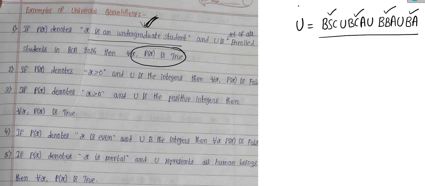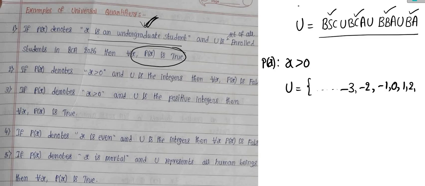Move on to the next example. If P of x denotes x greater than 0, so P of x is x greater than 0. U is the set of integers. Set of integers means minus 3, minus 2, minus 1, 0, 1, 2, 3 like that. So these are negative integers, these are positive integers.